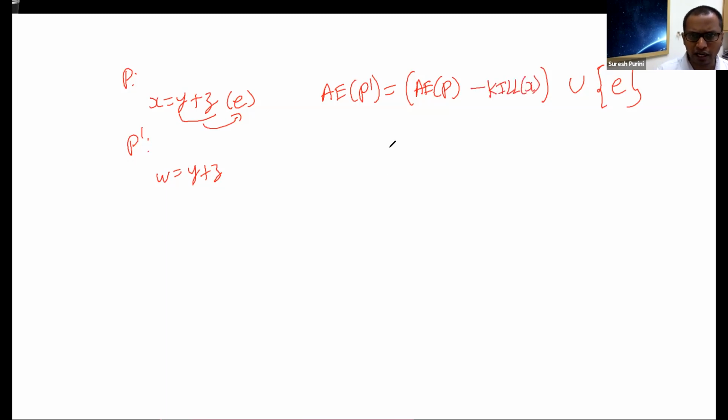So what is kill X set? Kill X is equal to the set of all expressions such that E contains X as an operand, variable X as an operand.